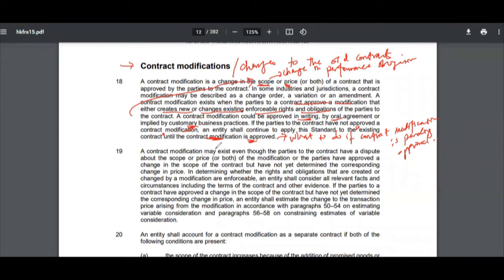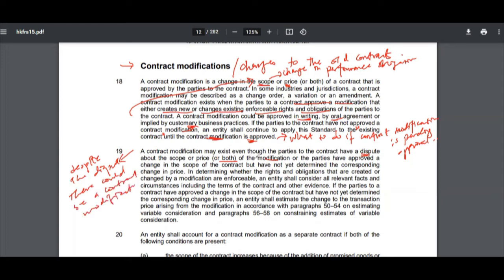Then a contract modification may exist even though the parties to the contract have a dispute about the scope or price or both of the modification, right? So this paragraph is saying that despite the dispute, there could be a contract modification.